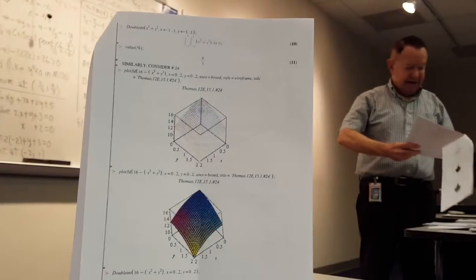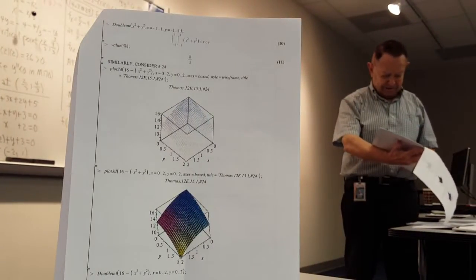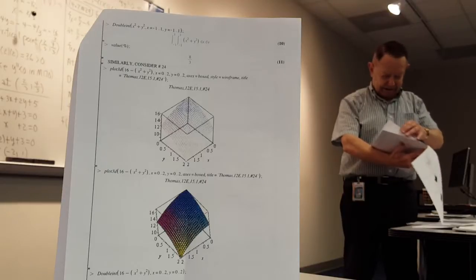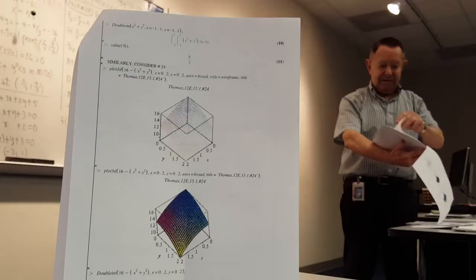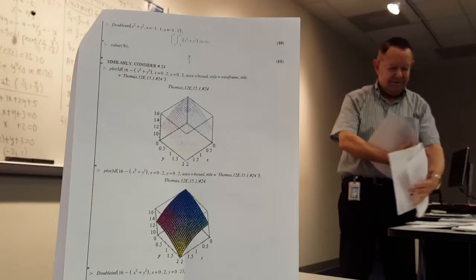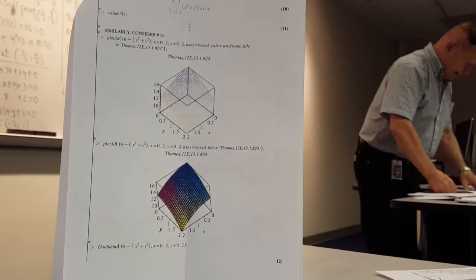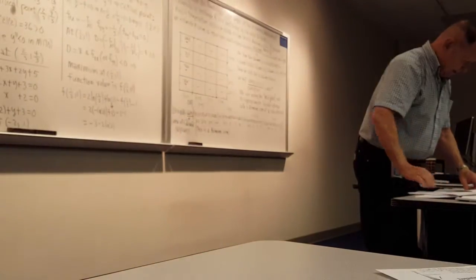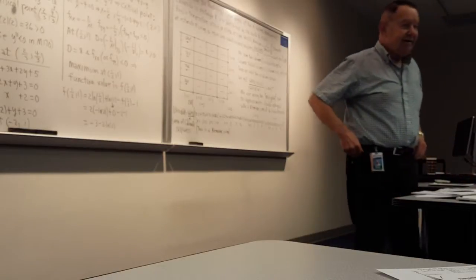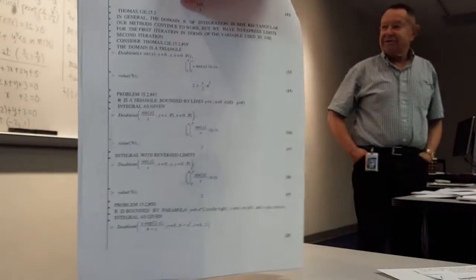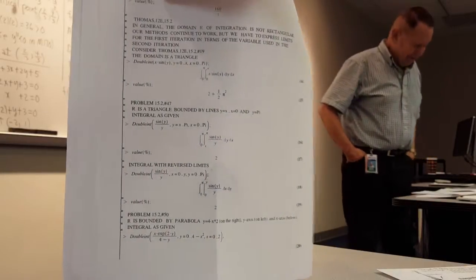So I have plot3d there, 16 minus x squared plus y squared. And then I've done the double int. The command is 12 at the bottom of the page, and then you turn the page, and you see the setup, and then value, and you see 160 over 3. So that's why I'm self-confident with my answer.